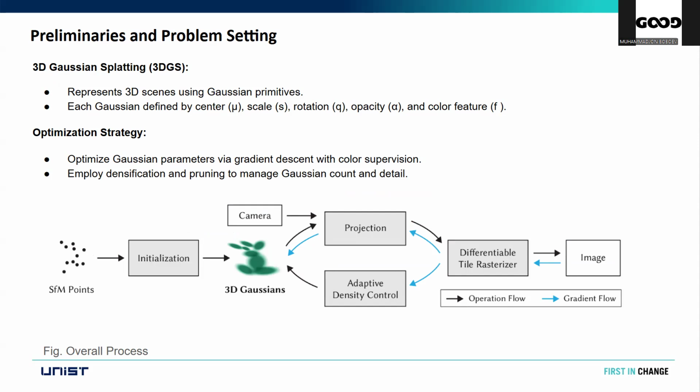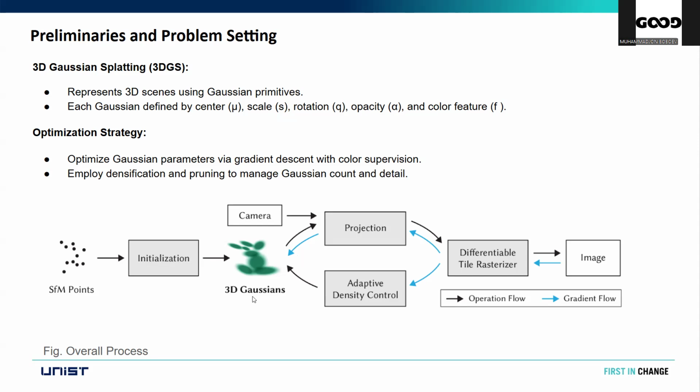Each Gaussian primitive has certain properties: a center, scale, rotation, opacity, and color features. During optimization, we optimize the Gaussian parameters using gradient descent. In this process, we do densification and pruning to manage the Gaussian counts and details. This image is taken from the original paper.